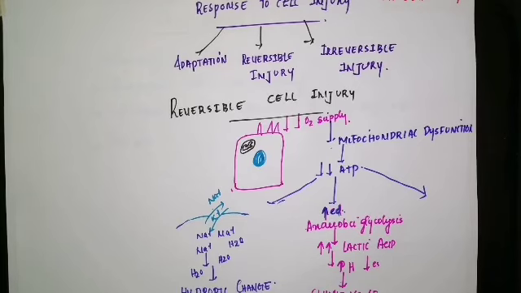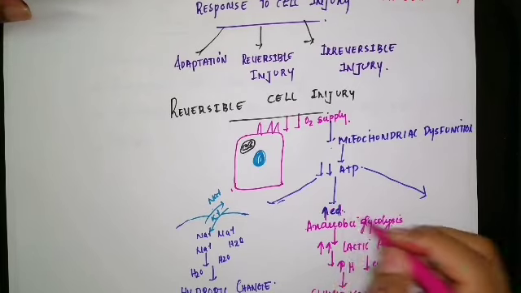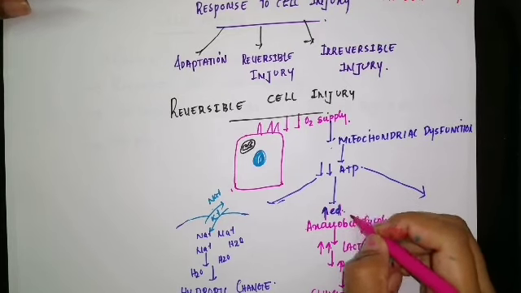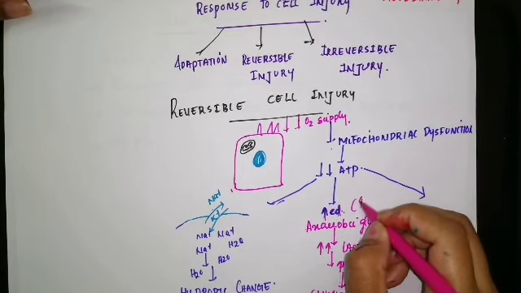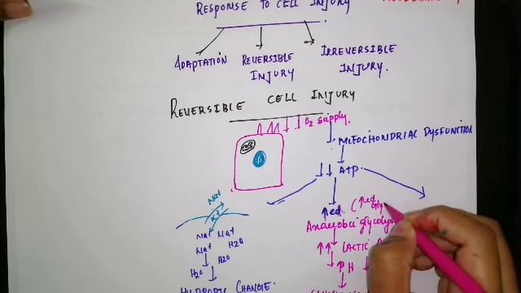And because of increased glycolysis or anaerobic glycolysis, there will be increased glycogenolysis.